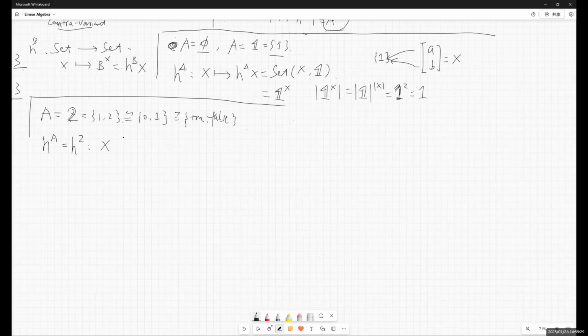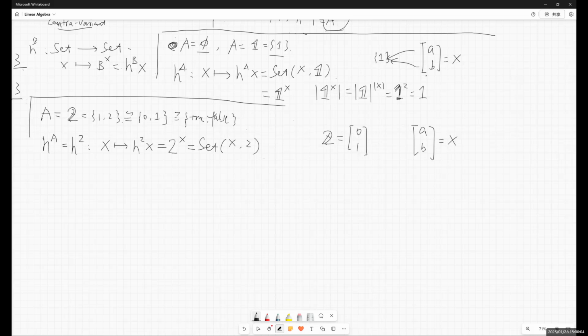It maps any set X into H^2(X) equals 2^X, the set of functions from X to 2. So take as an example {a, b}, which can be mapped into {0, 1} equals 2.